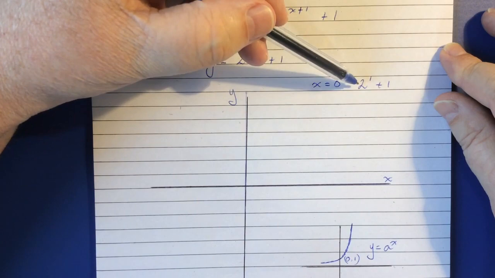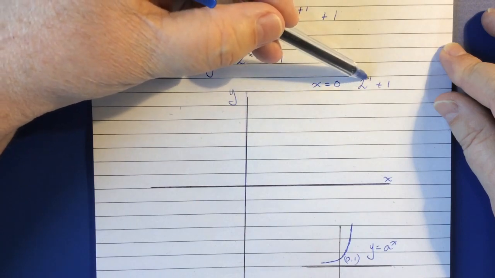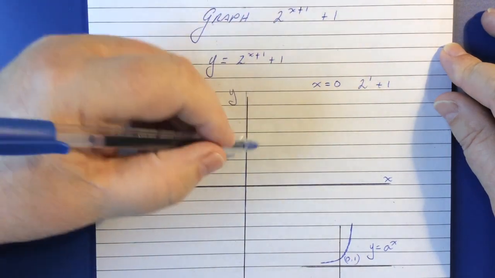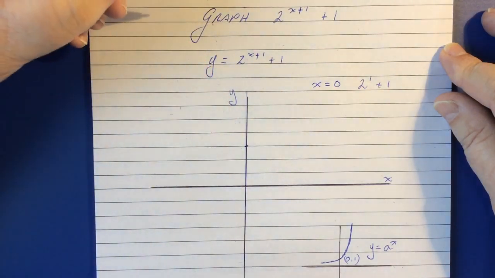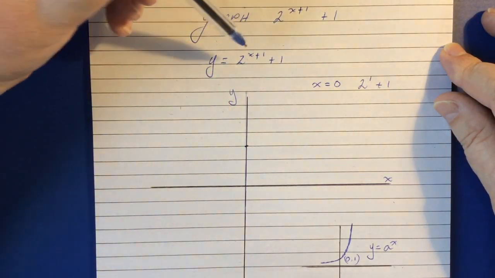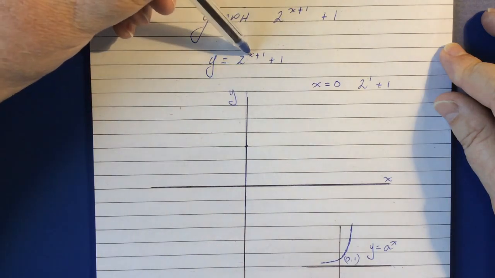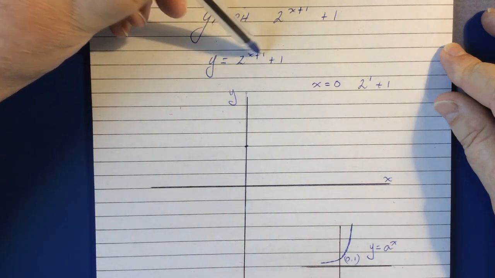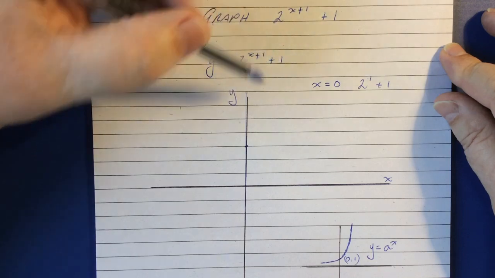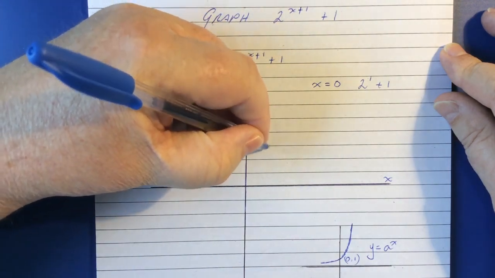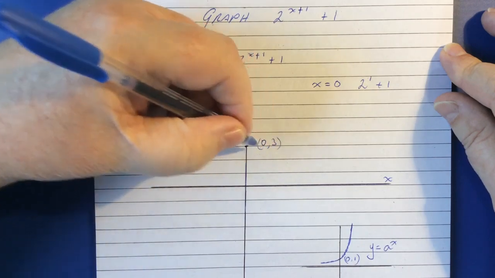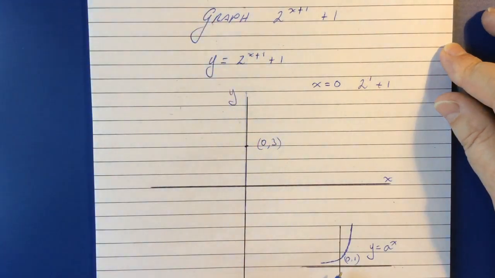Now, 2 to the power of 1 is 2, plus 1 is 3. Now let's just say that again. If I make x equals 0, this becomes 2 to the power of 1. 2 to the power of 1 is 2, plus 1 is 3. So this point here is (0, 3). We have found our y-intercept.